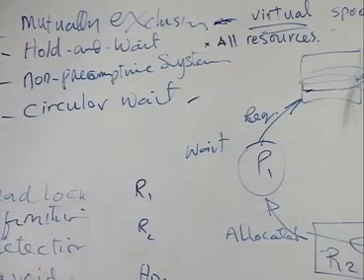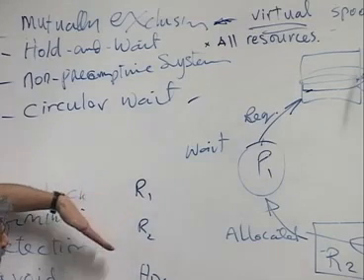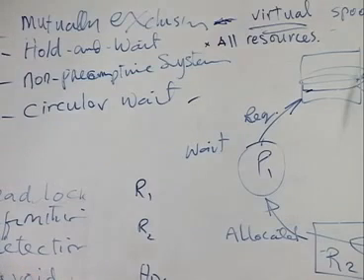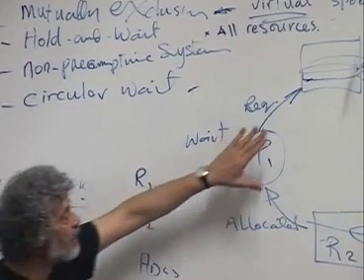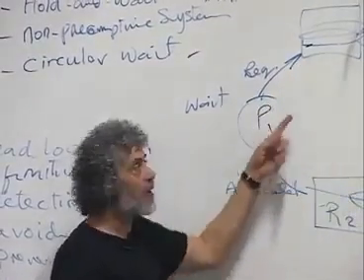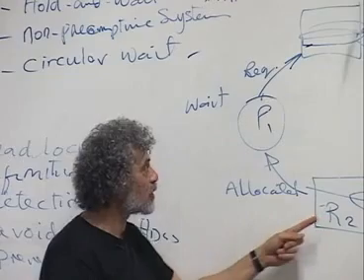So if we put our resources in a list and we say, listen, if you need any resources, this is the way to order them. You order first the resources that are on top of our list, and then go down to the bottom of the list. Don't order them randomly. Imagine now in this example, we have two processes, two users came in, and they both need resource 1 and resource 2.